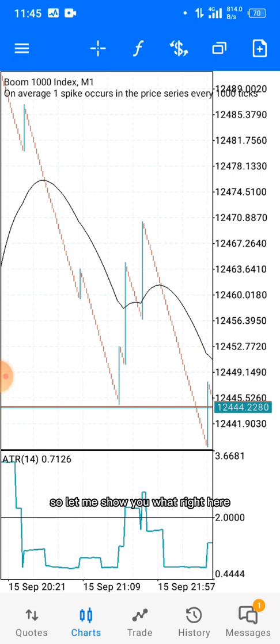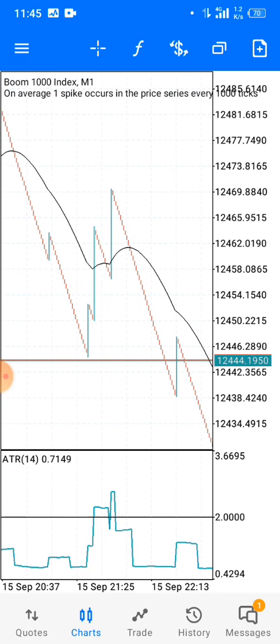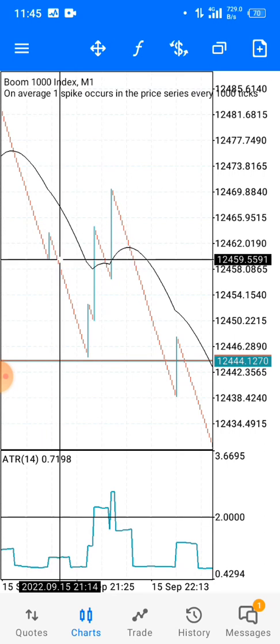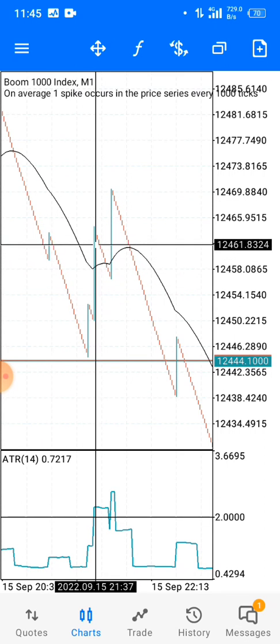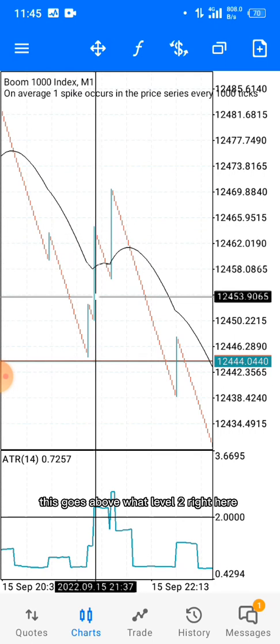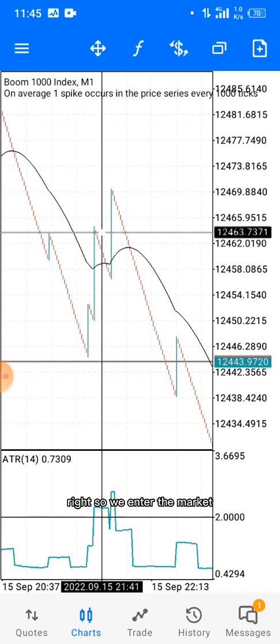Let me show you right here. The candlesticks are below the 50 moving average. A spike occurs right here and it goes above Level 2 right here, so we enter the market.